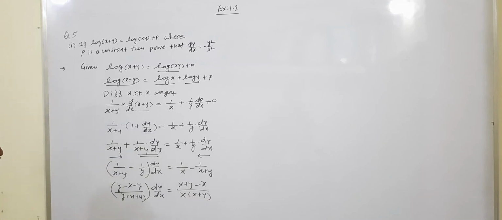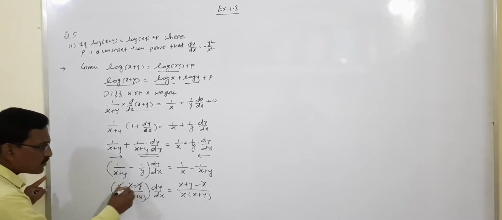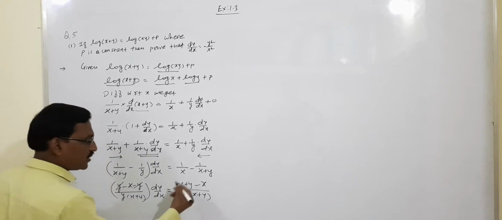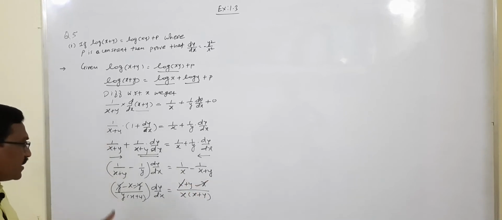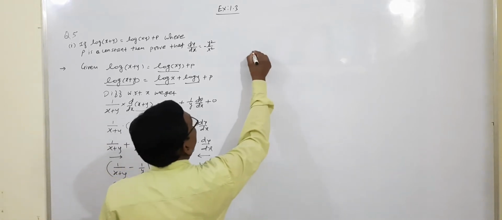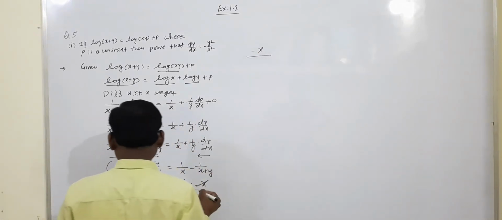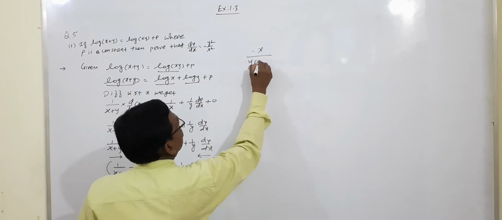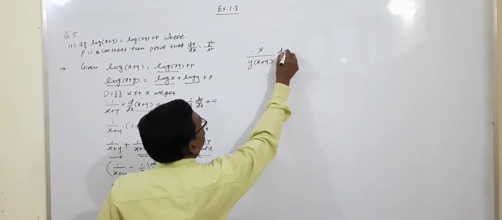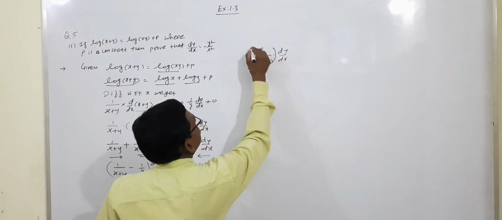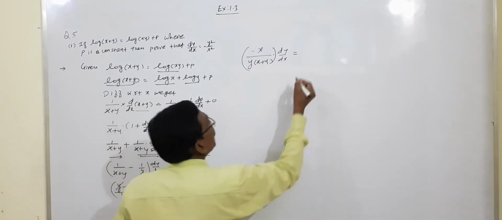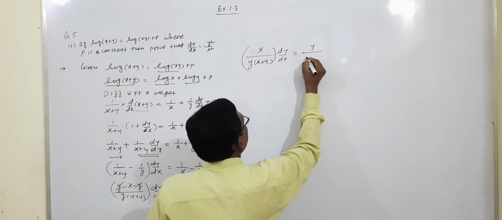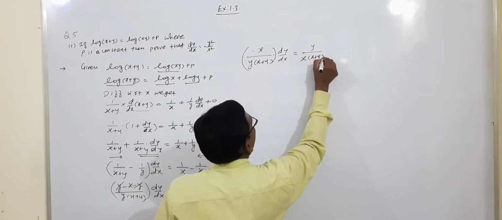Now this plus y and minus y will get cancelled. Again in the right hand side, this plus x minus x will get cancelled. The remaining terms: minus x upon y into x plus y into dy by dx is equal to, in the right hand side, y by x into x plus y.